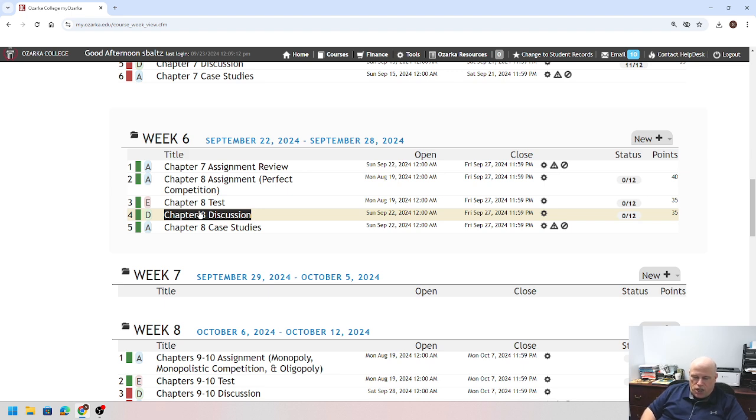And then in addition, in chapter 8, we're going to also learn about the other side of profit in addition to cost, which is the revenue side. We're going to be looking at marginal revenue, total revenue, and average revenue. All right?